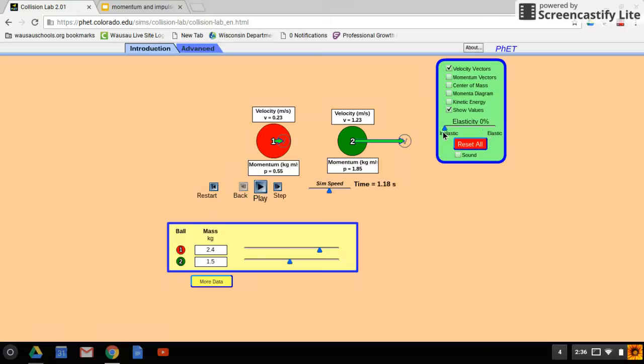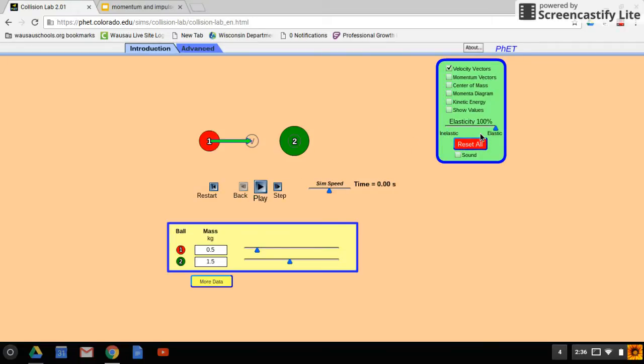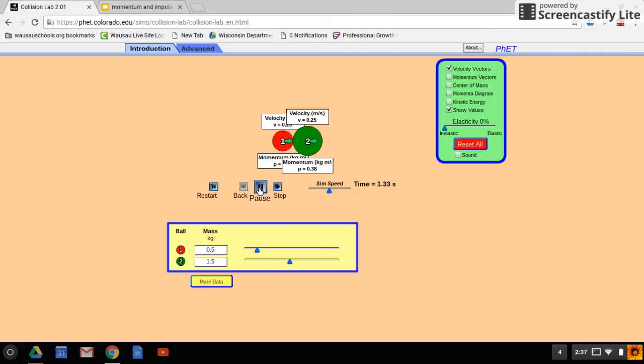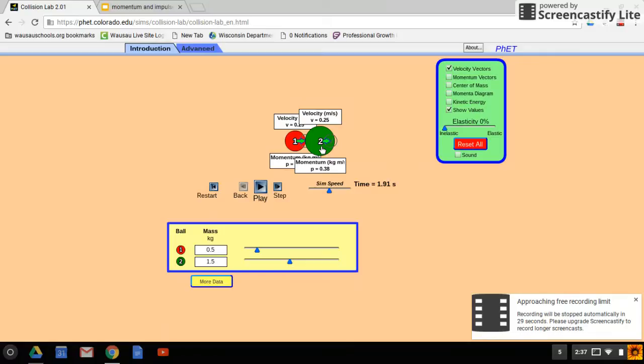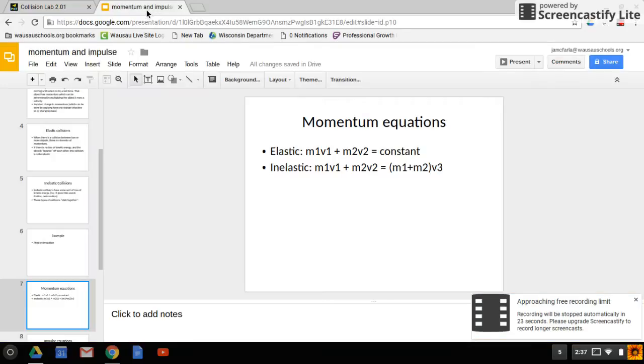Inelastic has a similar equation. Before I jump back to that, let's think about what the equation is. You have 0.5 momentum before. You still have 0.5 momentum afterwards, so 0.38 plus 0.13 is rounded to 0.5 here.